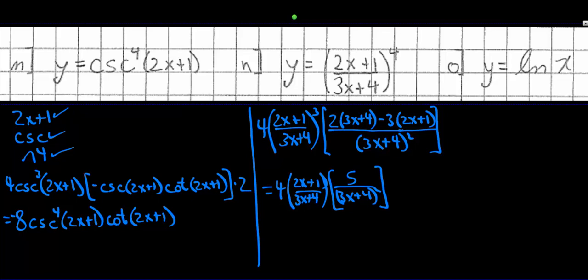Now, by the way, there's a cube right there. So we could go a little further and say this is going to be 20 times 2x plus 1 to the third over 3x plus 4 to the fifth, putting the third power and the second power together there. Now over here we've got just 1 over x. That just requires us knowing what the natural log derivative is.